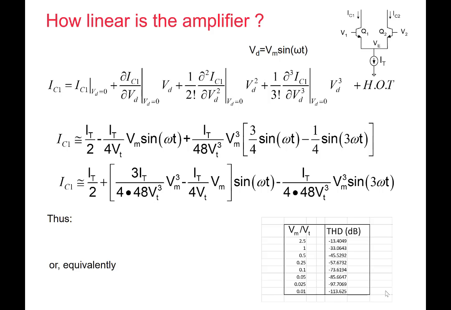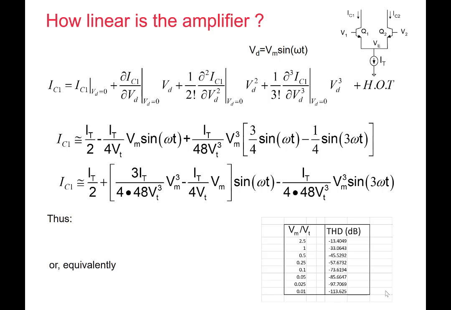Is there anything that the designer can do to control the distortion? Well, you can control the tail current, but the tail current affects both the fundamental and the harmonics, and it affects both of them linearly. So in the ratio, it cancels out.